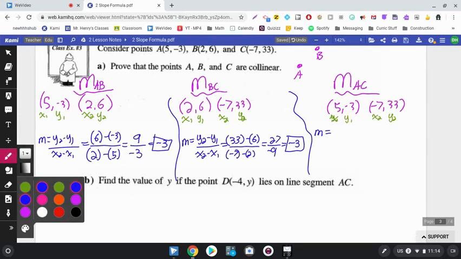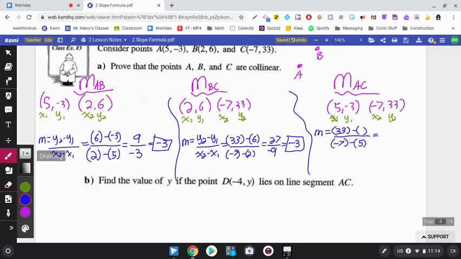I am not going to write the formula because I don't think I have space, but I'll say y2 minus y1, 33 minus 5, over, and then on the bottom, x2 minus x1, so negative 5 minus 5, and that gives me, okay, 33 minus, oh, I totally wrote that wrong.